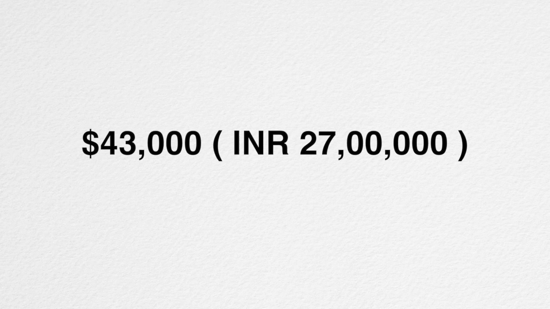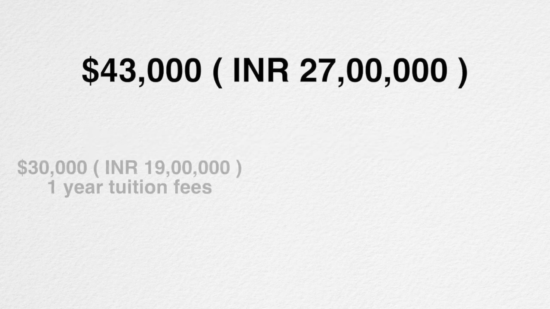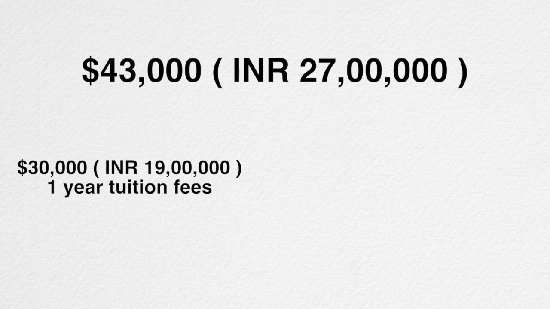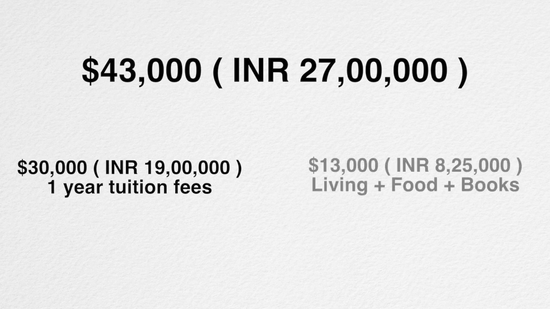For example, this is Purdue's I-20 amount. If I break it down, 30,000 is the amount which I have to pay. That's the fee for 2 semesters. And the 13,000 amount is what they have estimated for my living expenses, which doesn't happen. For 9 months, you'll need like $5,000, $6,000 at max.